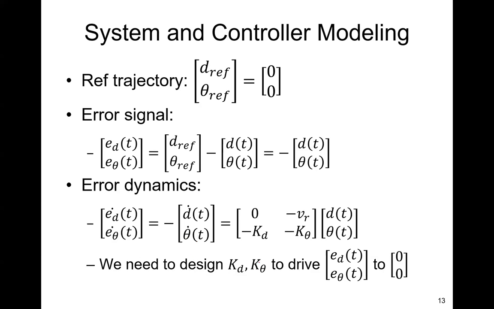So the goal is to design the P parameters here. Because the state is a vector, we have two P parameters. One is for multiplying with the distance to center of the lane, d. One is for multiplying with the heading angle, theta. So we need to design the P parameters to drive the error to 0. So any questions on the up to this part?